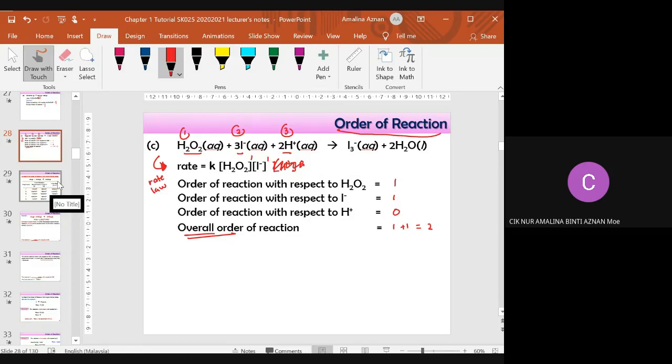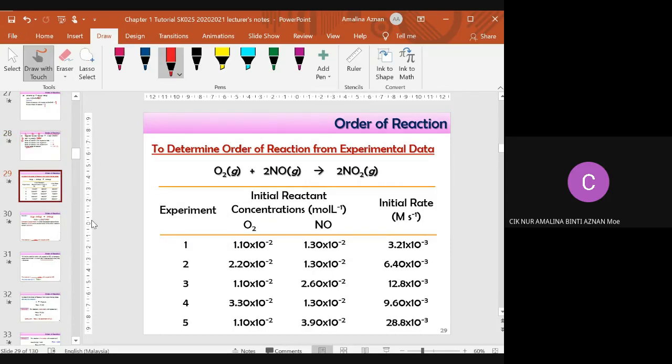Okay. Alright. So next, kita nak tentukan the order of direction from experimental data.